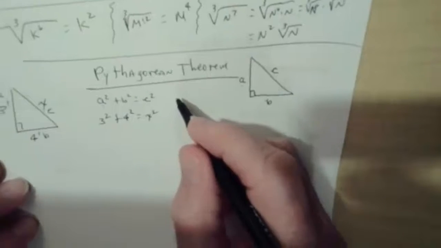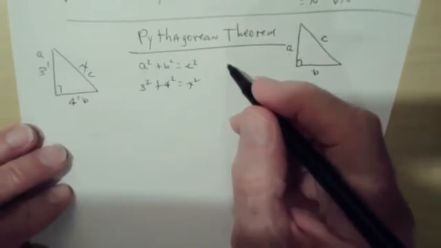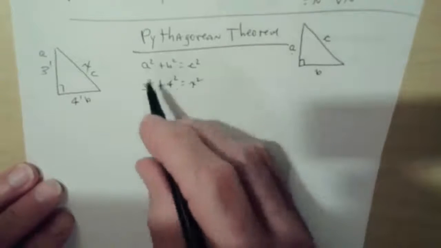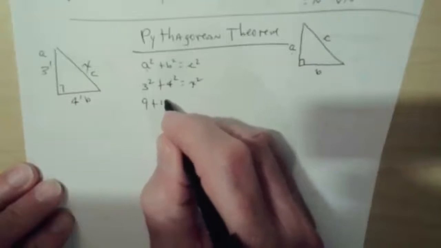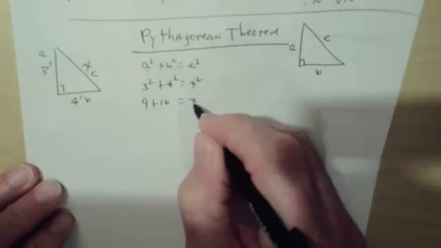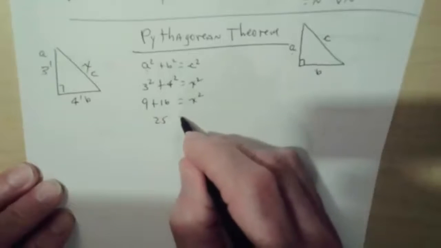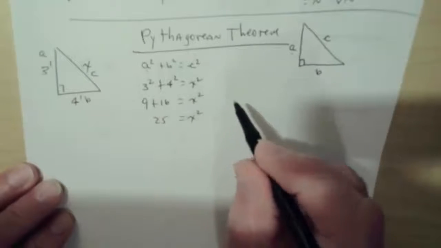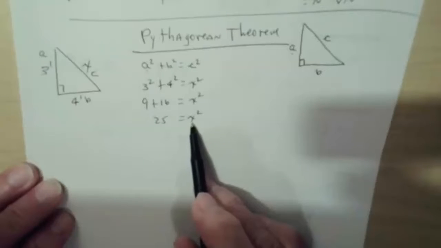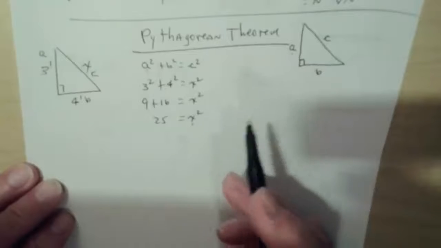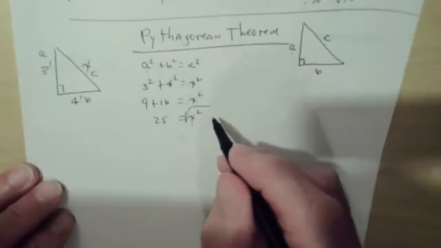Now it's just order of operations. 3 squared is 9 plus 16 equals x squared. 9 plus 16 is 25 equals x squared. Now we do not want to know what x squared is. We want to know what x is. So we take the square root.